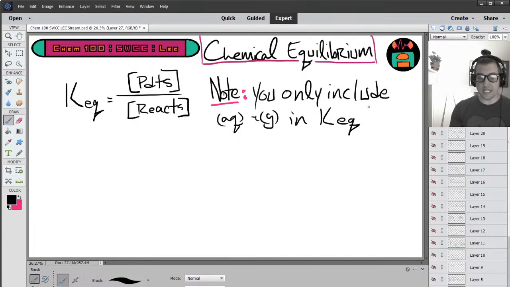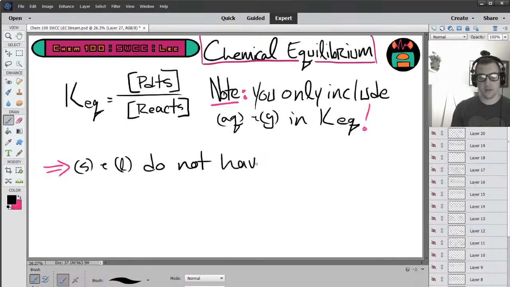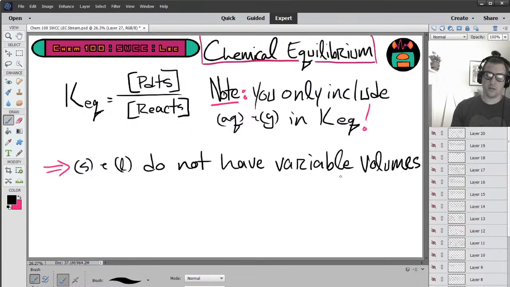The reason for this is solids and liquids do not have variable volumes, which means their concentrations are constant.